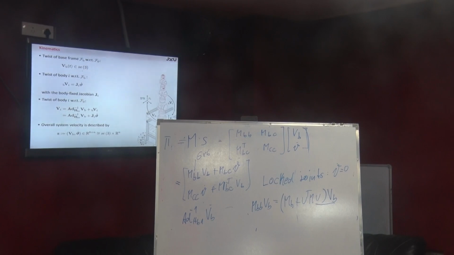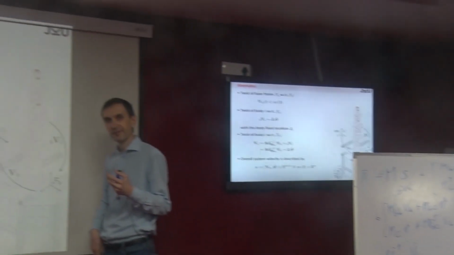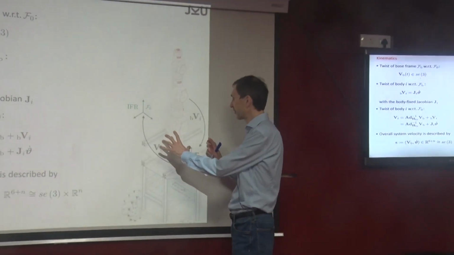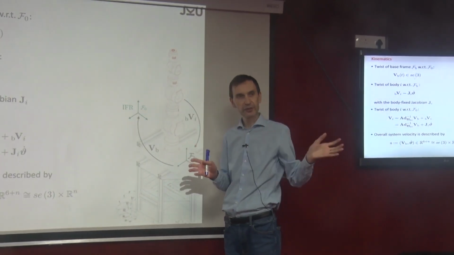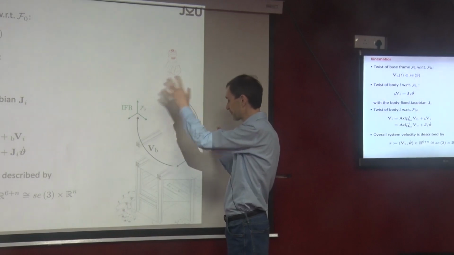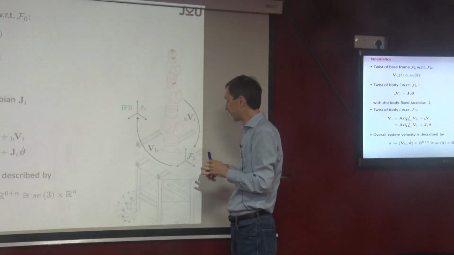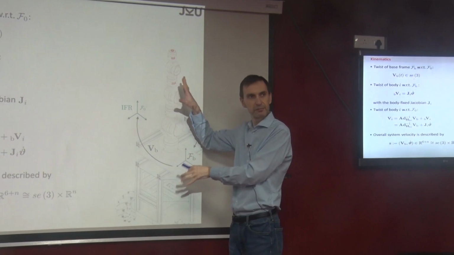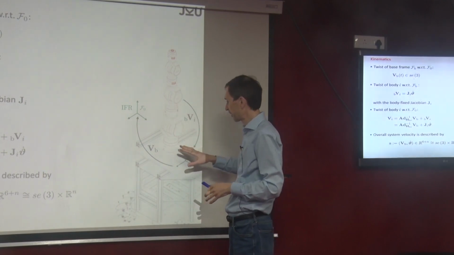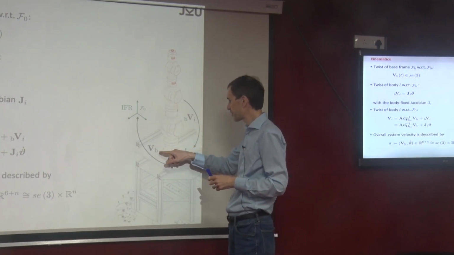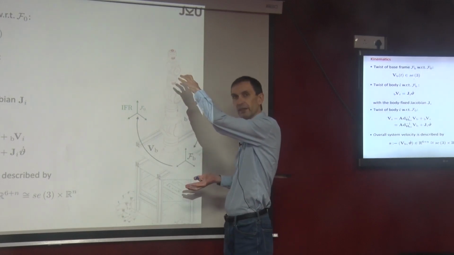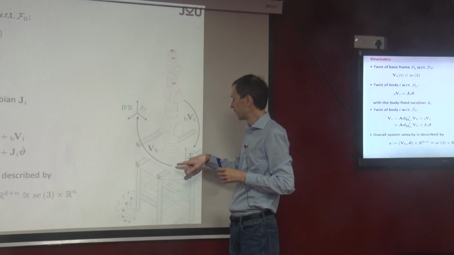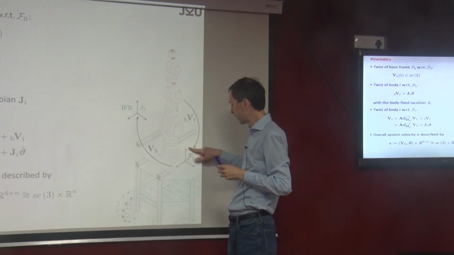It's like saying the whole thing, as a rigid body, that's why we locked it, is moving with a certain velocity, and we measure the velocity at the base frame.